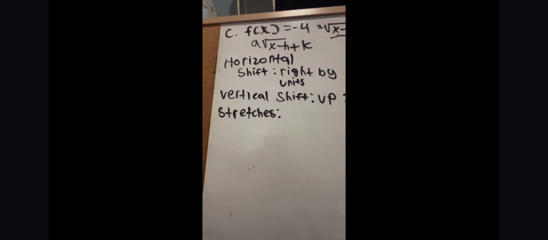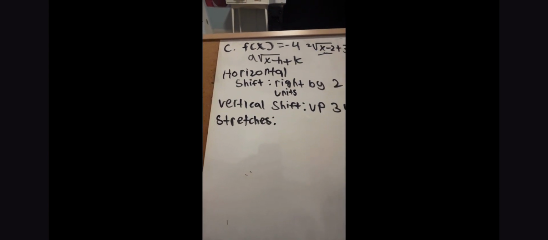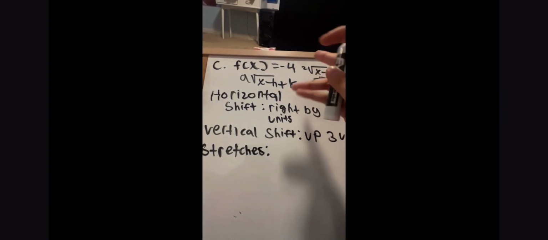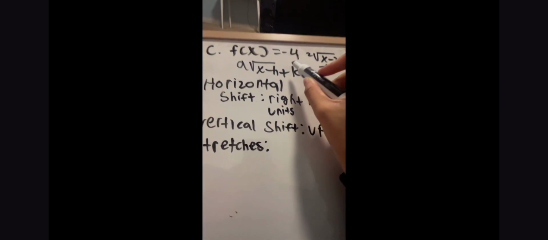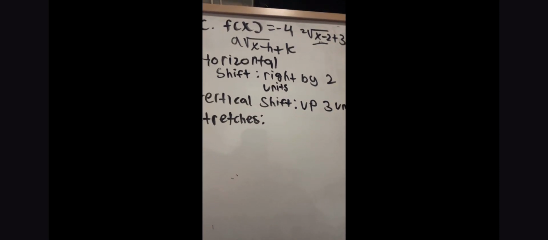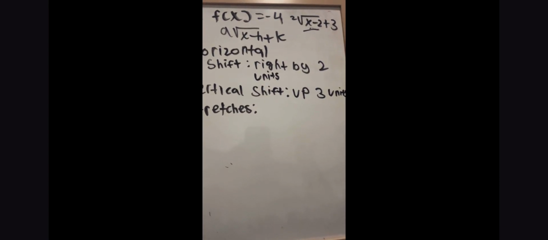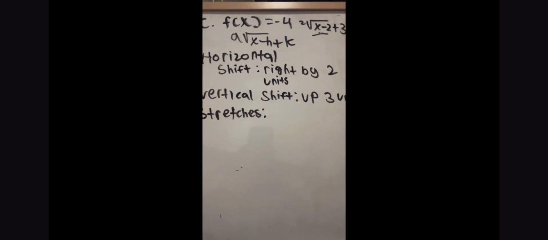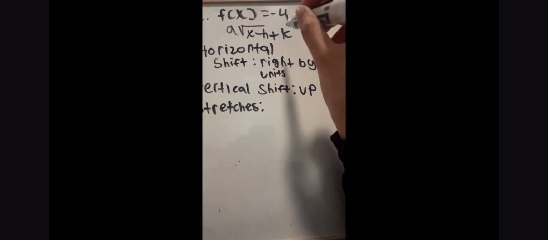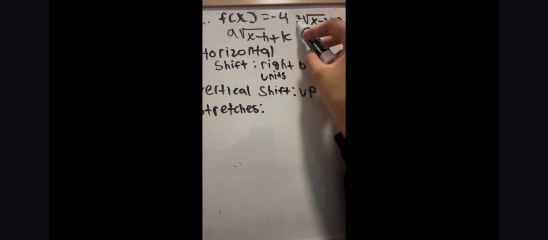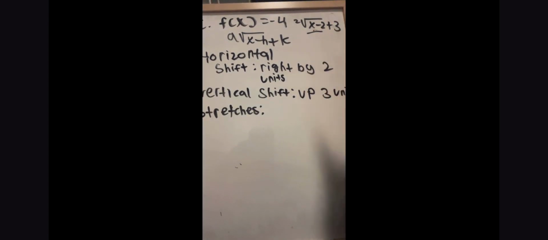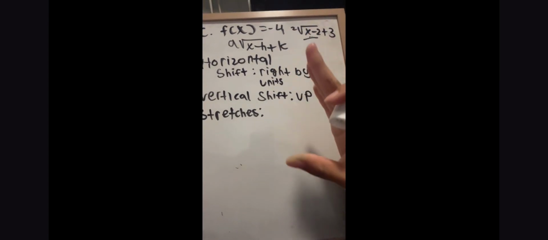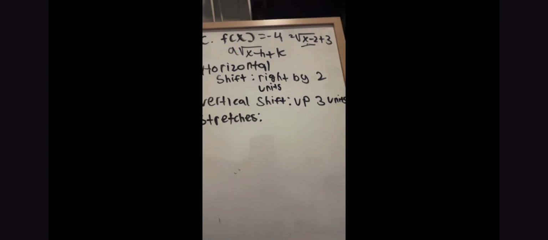We can see where it's going to stretch. If you look up, you can see that it stretches at a -4, and that indicates that it's going to be across the x-axis because it's negative. It's a negative in front of the square root. And if it was a positive, then it would be the y-axis.